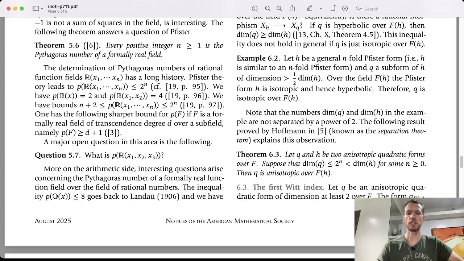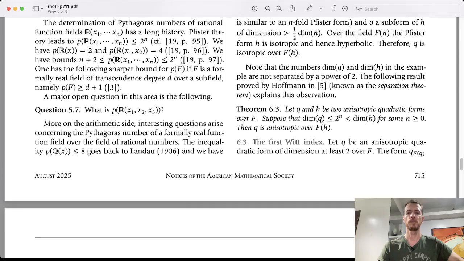Example. Let H be a general n-fold Pfister form, i.e. H is similar to an n-fold Pfister form, and Q a subform of H of dimension bigger than 1/2 the dimension of H. Over the field F(H), the Pfister form H is isotropic and hence hyperbolic. Therefore, Q is isotropic over F(H).